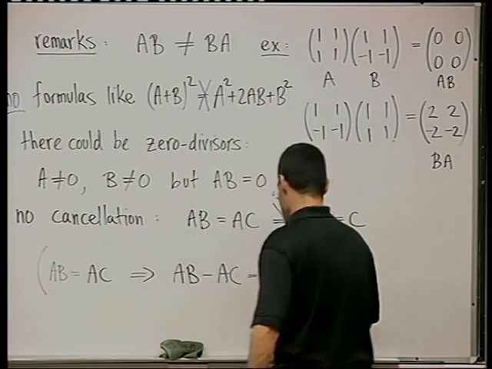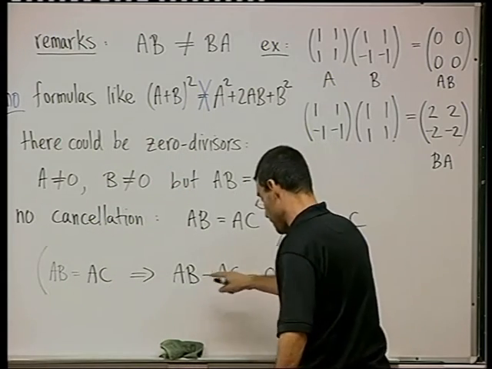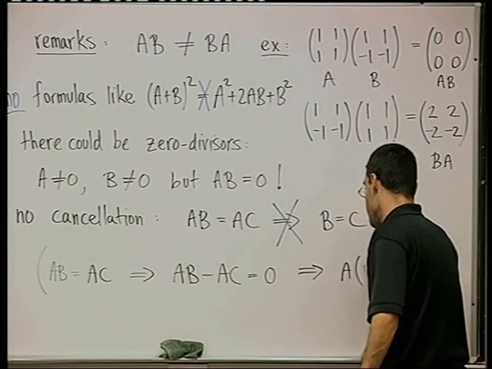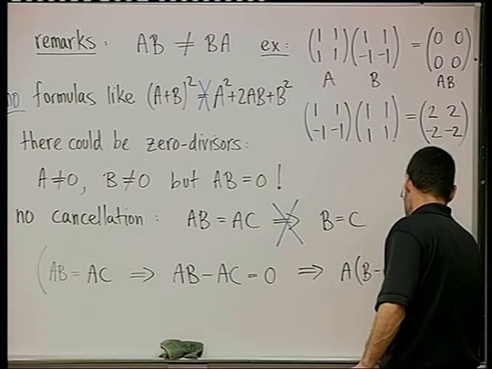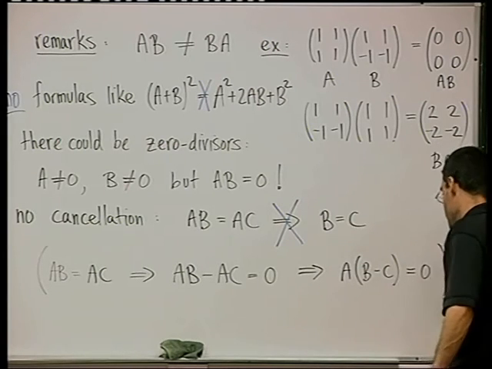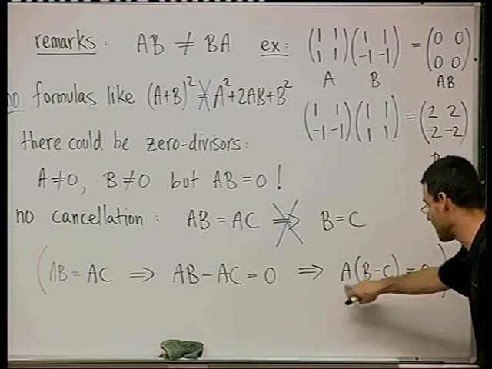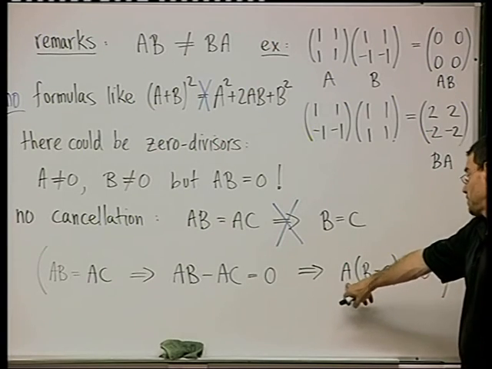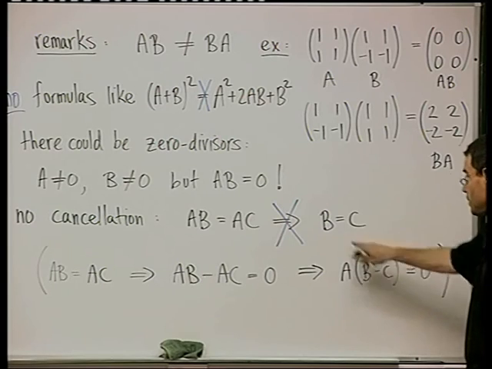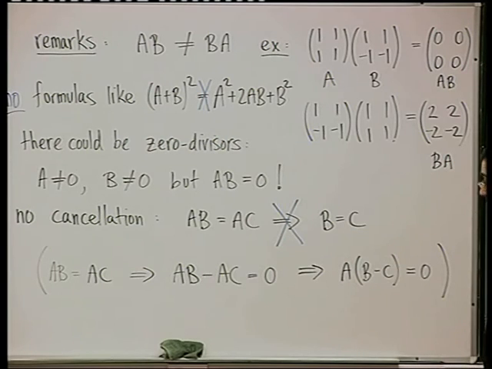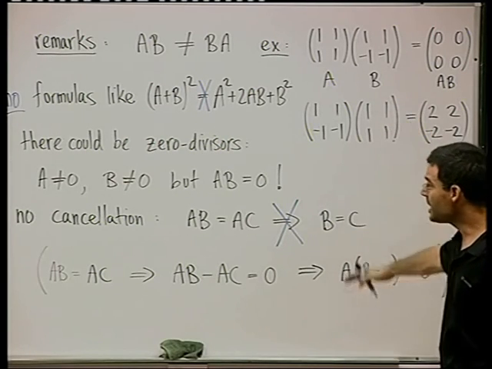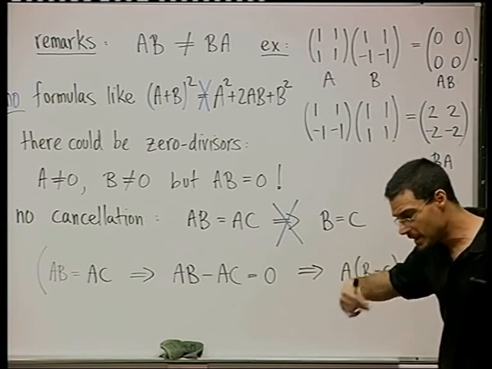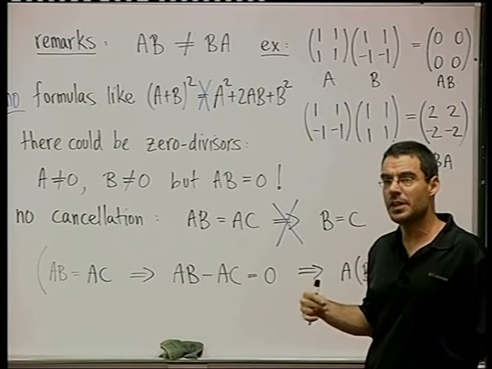This is true. And this implies, by the distributive law, which we'll state in a few minutes, that A times (B minus C) is 0. All this is true. But this doesn't imply that either A or B minus C is 0. So A could be non-zero and B minus C could be non-zero, meaning that B is not C.